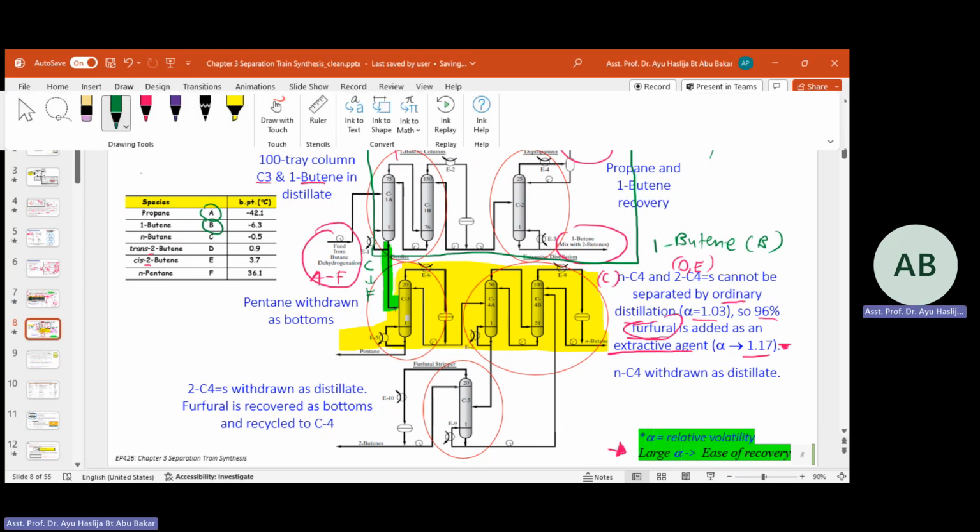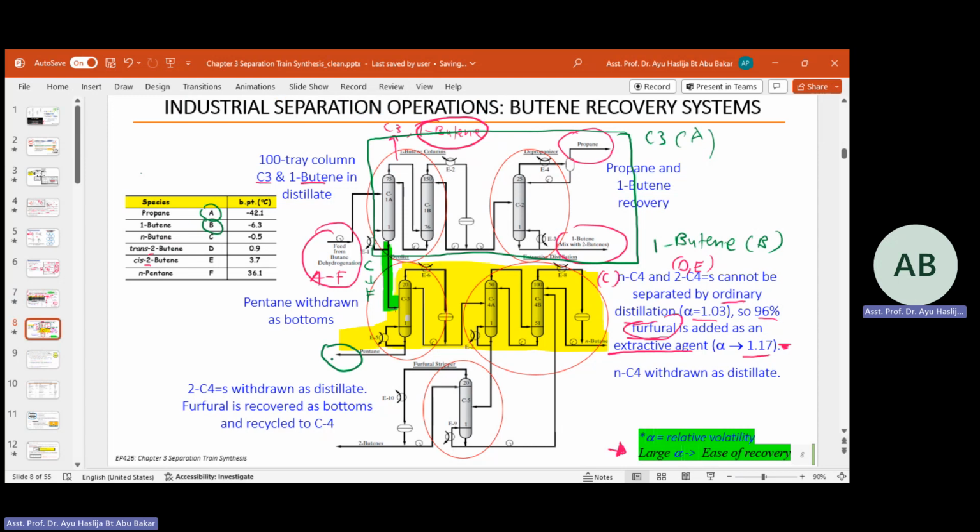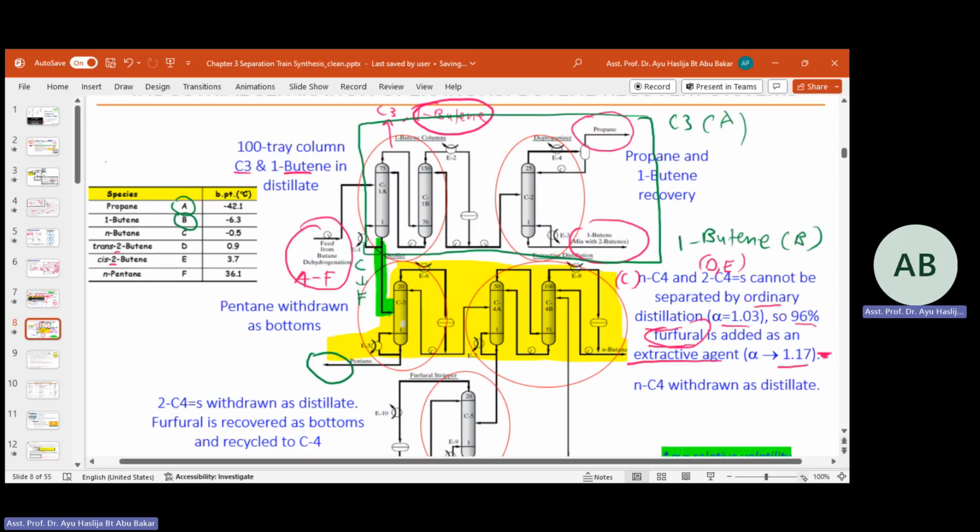Okay. Now the pentane is the bottom. Pentane is the bottom over here. This is N-butane, right? N-butane is the distillate.